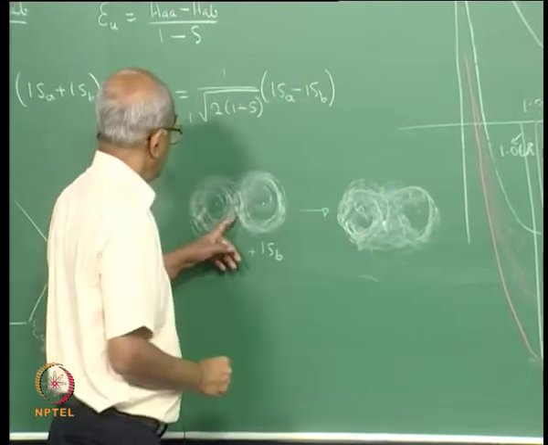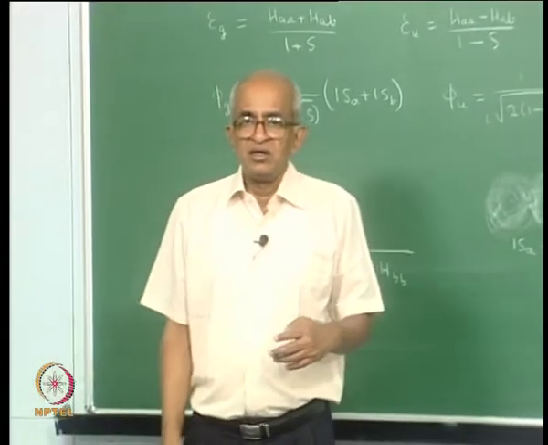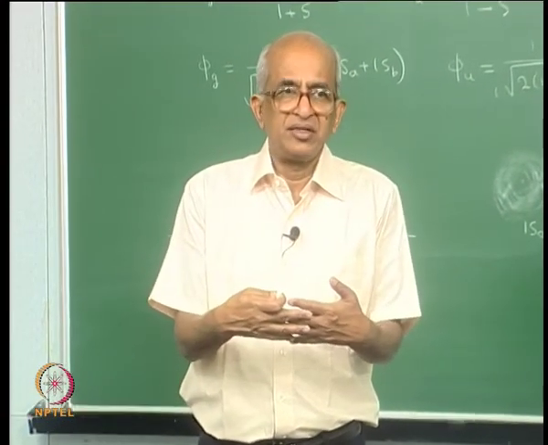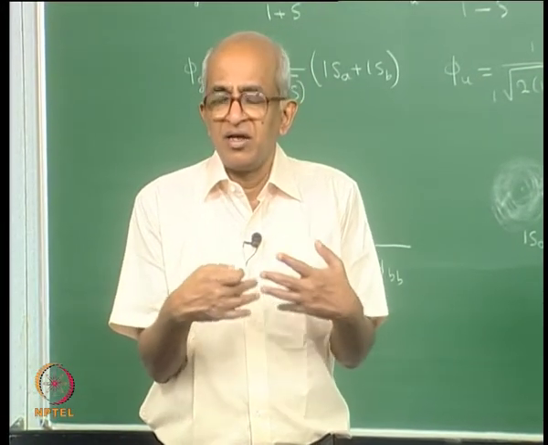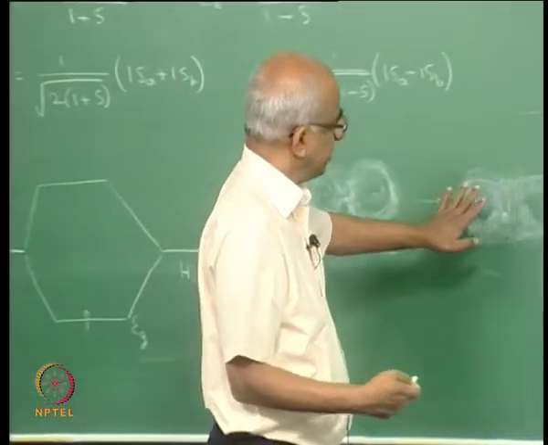And further you would realize that in the internuclear region, the two orbitals are added up, and therefore, what is the result? The result is that there is a fairly large value for the wave function in the internuclear region.